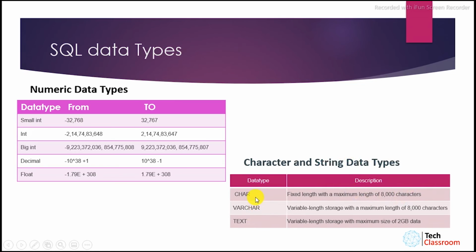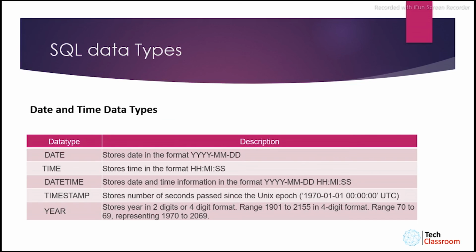So it depends upon the situation. Sometimes we have to use char when we know the length is fixed and will not go beyond that, so it's recommendable to use char. But in cases where we are not sure, where one data might take more space and another might take less, it's recommendable to use varchar.